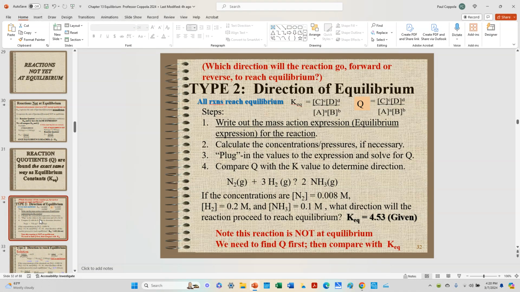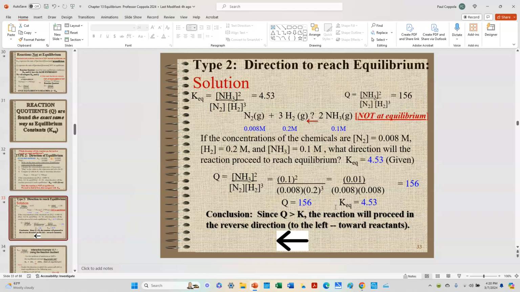Okay. So this would be a case where you're given the concentrations and you have to find the Q and determine which is bigger, Q or K. Like in this case, it's not at equilibrium. You're given what the equilibrium constant is.